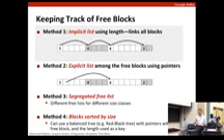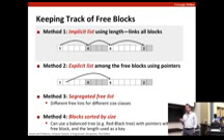Question? What do you mean by different free lists for different size classes? Okay, what I mean is that you identify a range of sizes and you associate that range with each of these individual free lists.